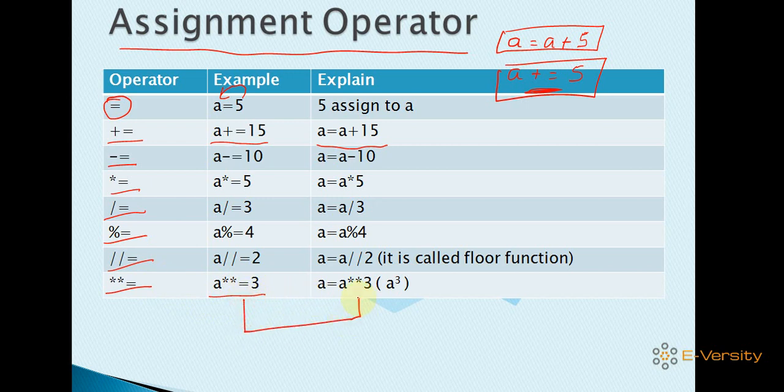What does it mean? It means the equivalent full equation. Okay, so this way you can use the assignment operators. Basically there is only one operator, equal to, which is called the assignment operator. But when we use it with other operators, we can write a small equation which is equivalent to the larger equation.